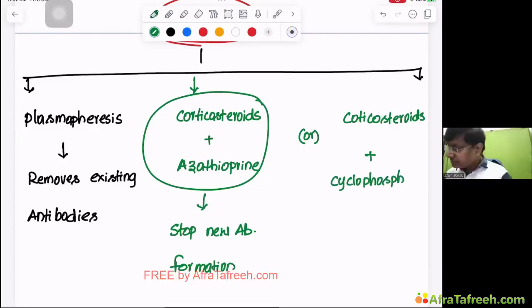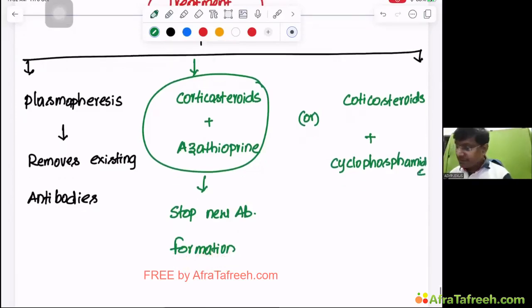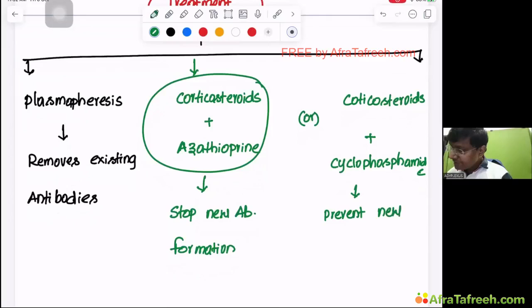And this combination of corticosteroids and cyclophosphamide will also prevent new antibody formation.